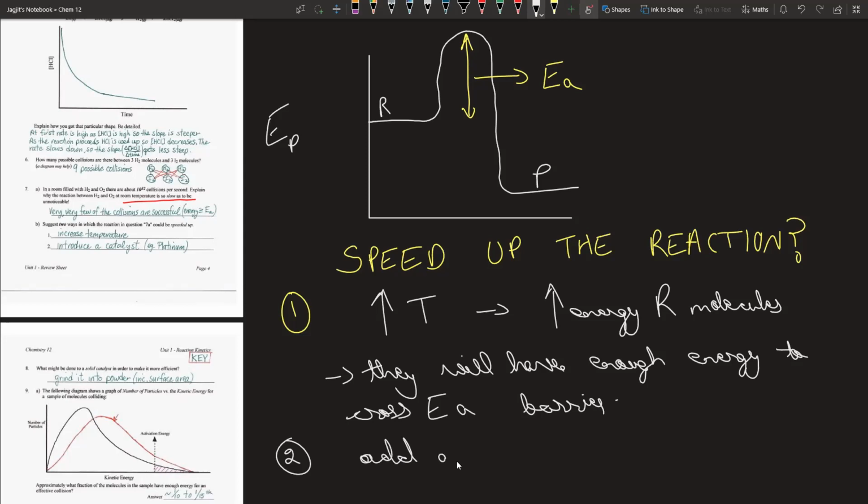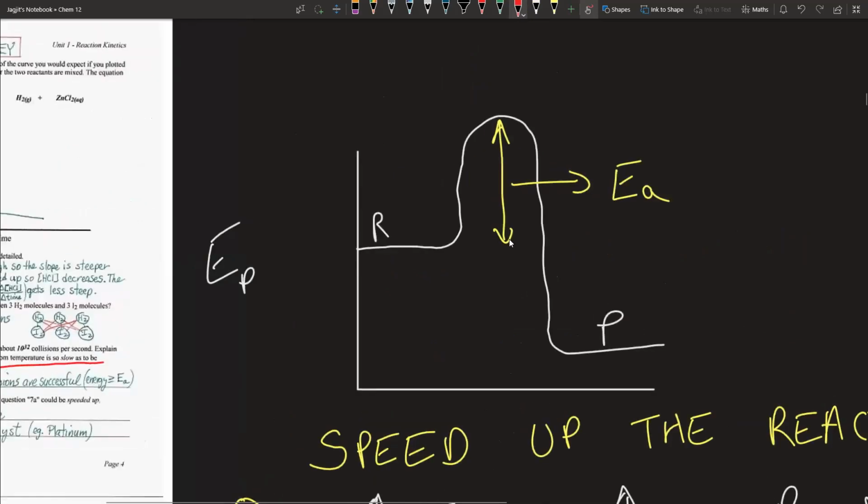Another thing you could do is add a catalyst. Let me tell you what a catalyst is going to do. When you add a catalyst, it just lowers this activation energy. It usually has multiple bumps, but it lowers the activation energy.